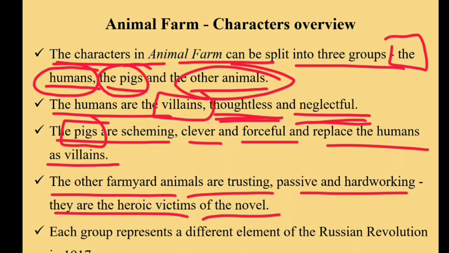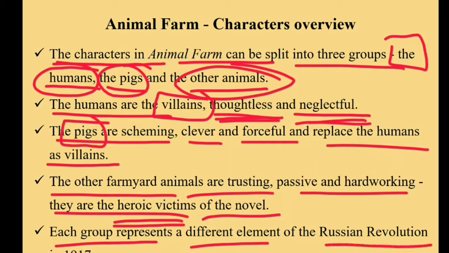Okay, and they are unsung hero in the novel. Okay, each group represents a different element of Russian Revolution in 1917. Here, in Russian Revolution, there were different categories of people. Elite people, middle class people and lower middle class people. Okay, so this segregation is shown in the novel as well.